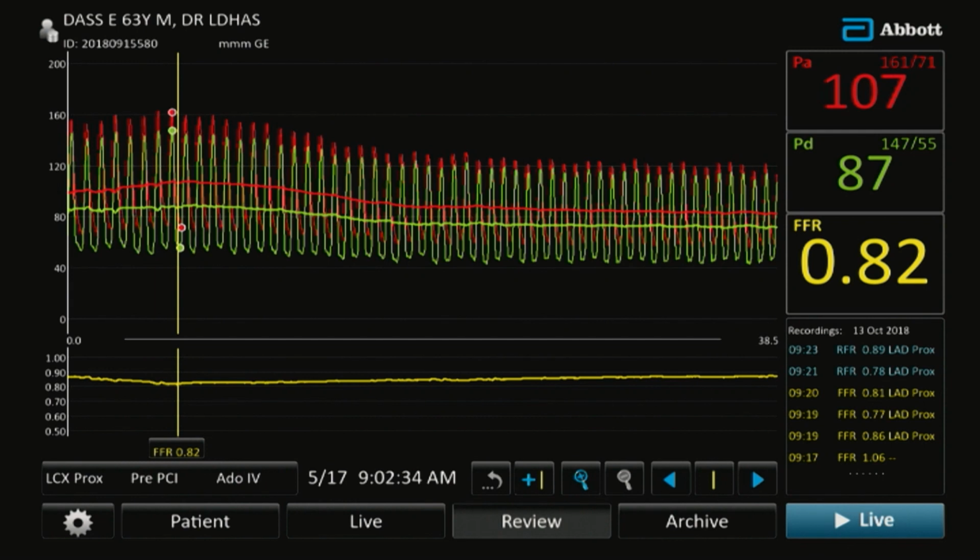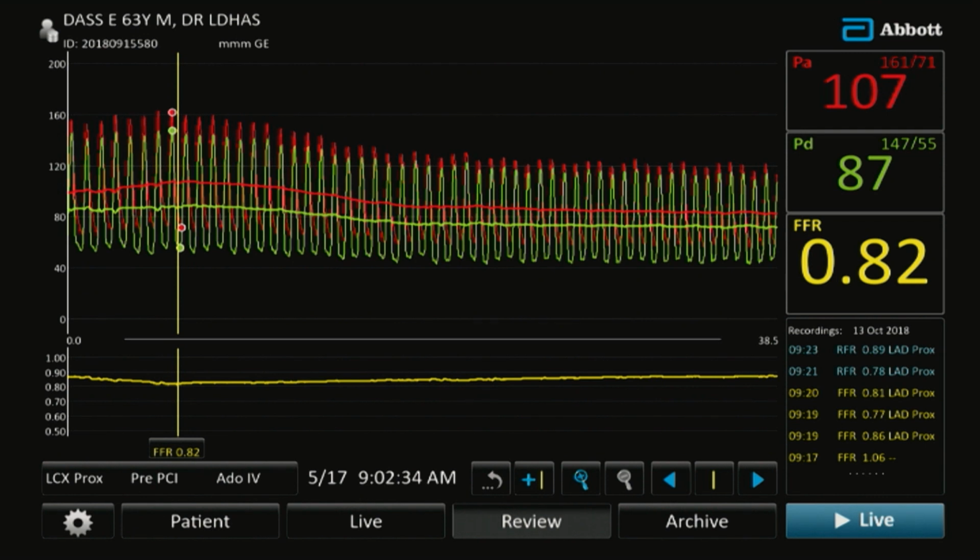Javier: I think it's a very nice demonstration that when you have something that is intermediate in one technique, you find typically that. Would you like to combine an imaging here with an FFR of 0.82 and an RFR of 0.90? Would you like to do an imaging before you leave this well alone? Well, first of all, I personally will not use iFR.